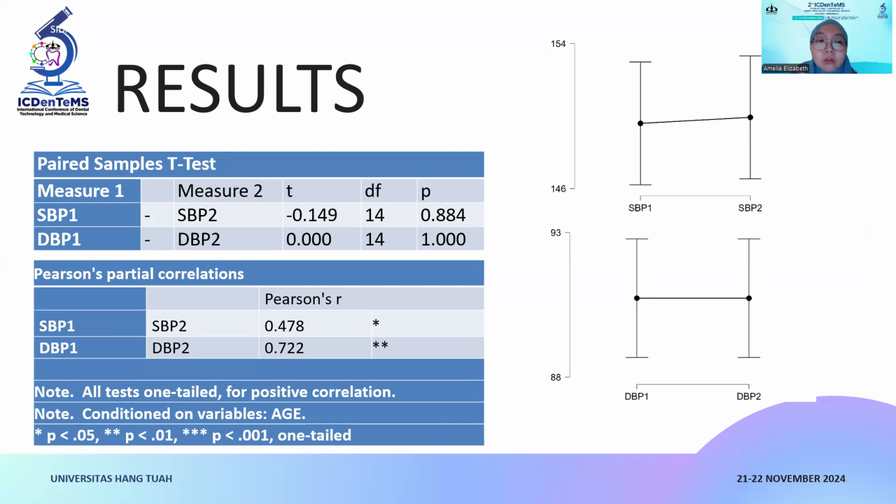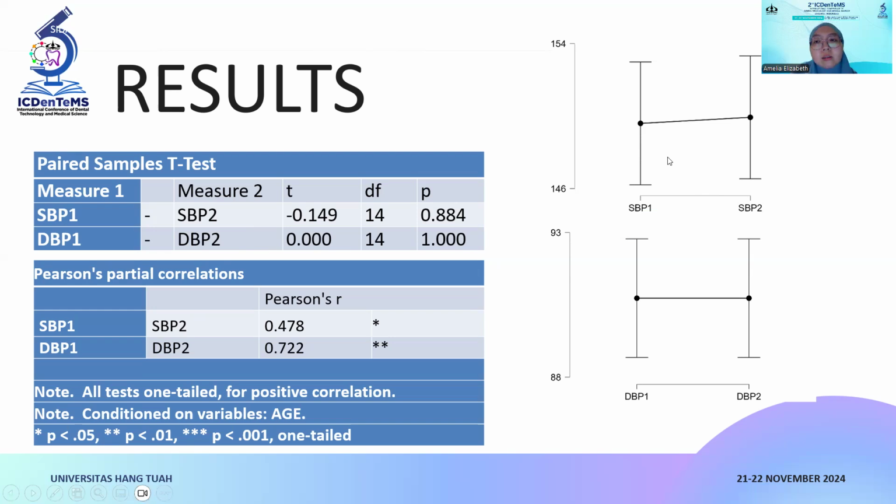We used a paired sample test to find the difference in systolic and diastolic blood pressure before we injected the local anesthesia, and here is systolic and diastolic blood pressure after we injected local anesthesia. All of them, both systolic and diastolic blood pressure, do not have any significant difference.